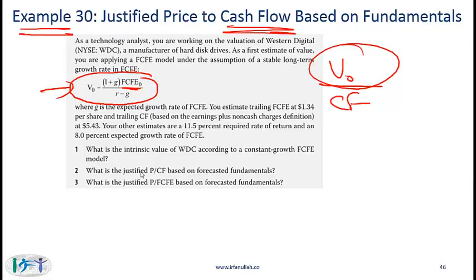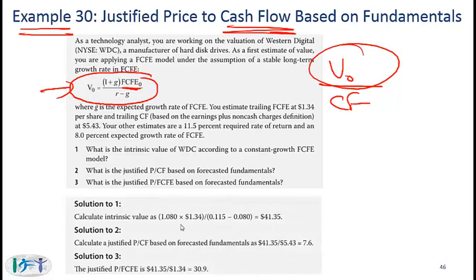So in this scenario, what is the intrinsic value? If you simply plug in the numbers, this is coming up based on a formula. Calculate a justified PE. How do you do that? You take the value, which is like the V0, divided by, what's this number? This is the measure of cash flow that we are using.